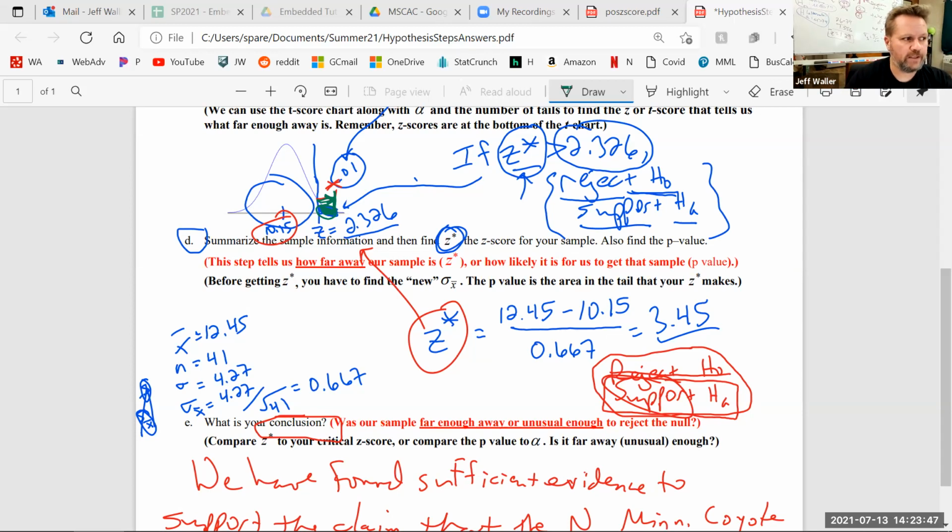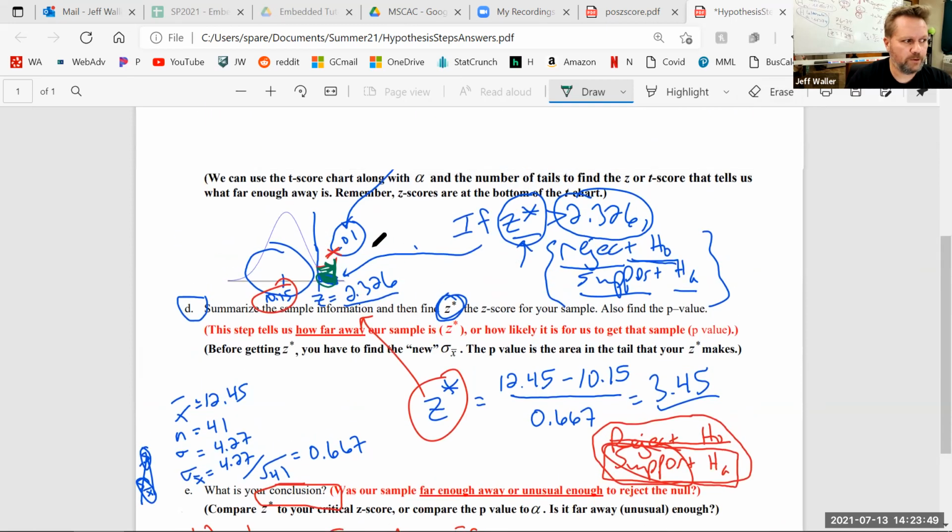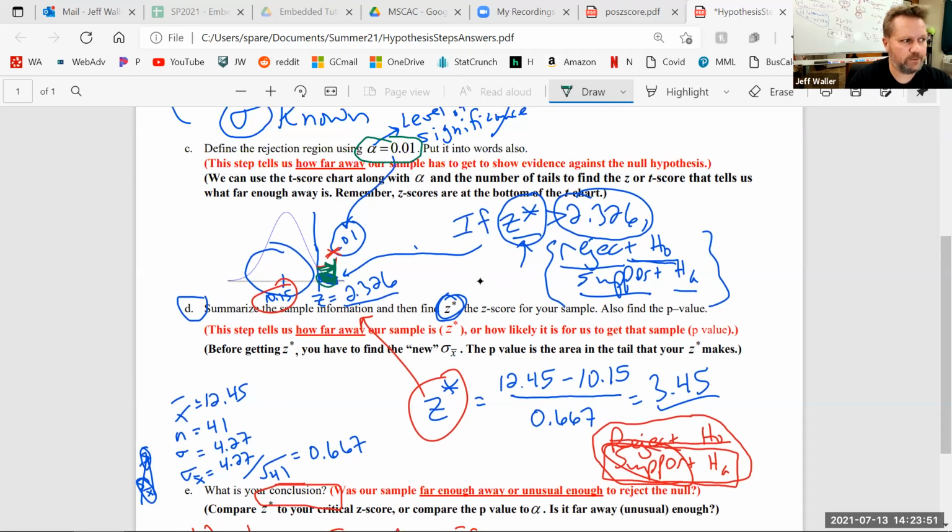Where is alpha in this picture? This poor picture that I've drawn on so many times. Where is alpha? It's this whole area here, right? With me? And when you say that's the tail, isn't that a tail? Okay, so alpha is the area in the tail of this z-score.